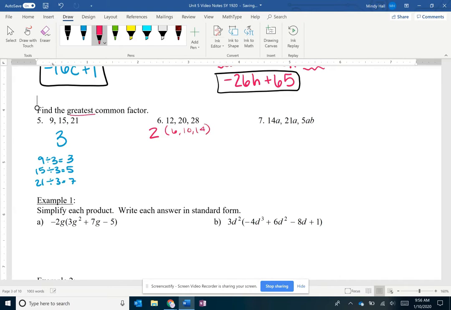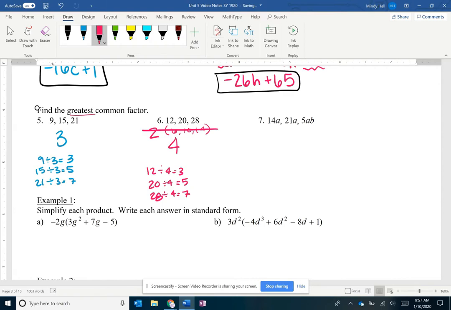And you notice we have another factor in there that we could take out. So instead of doing that, you can actually take out a 4 for all of these, because 12 divided by 4 is 3, 20 divided by 4 is 5, and 28 divided by 4 is 7.